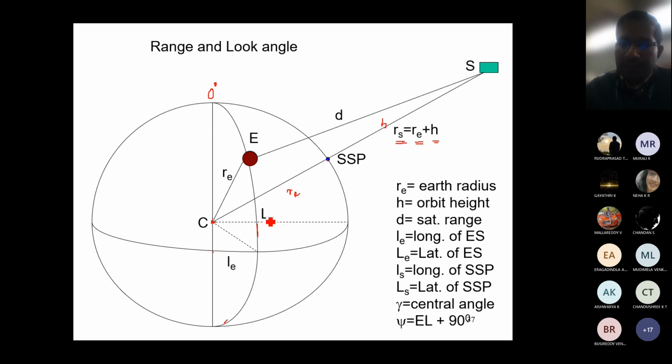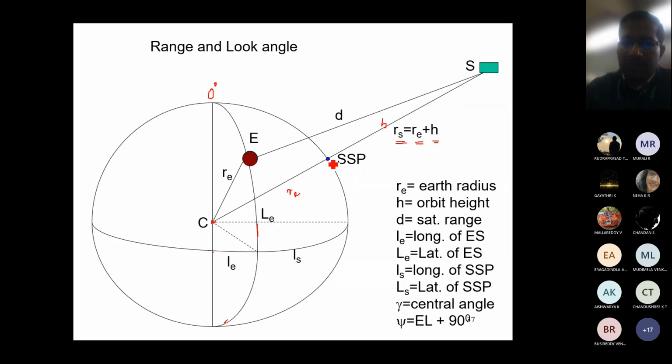Capital LE represents the latitude of the Earth station. This Earth station is located at what latitude, that is represented by capital LE. Small ls represents the longitude of the subsatellite point.